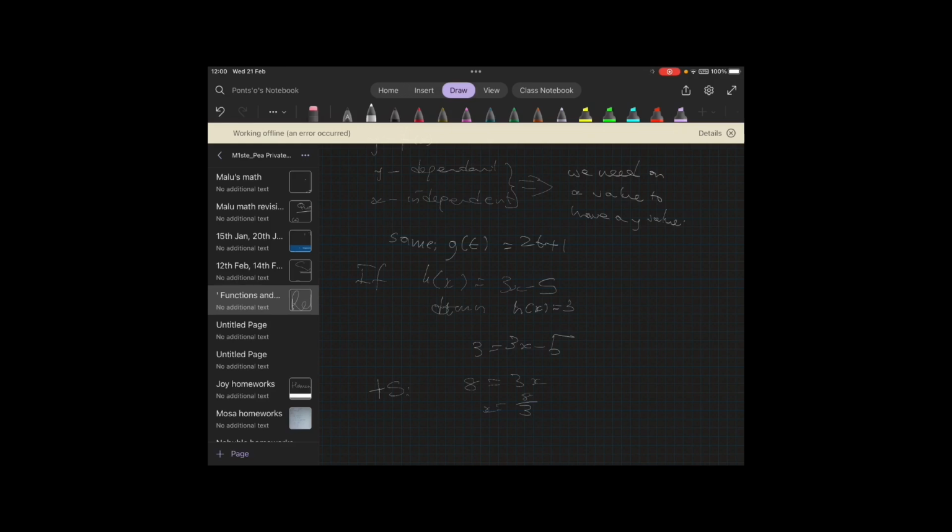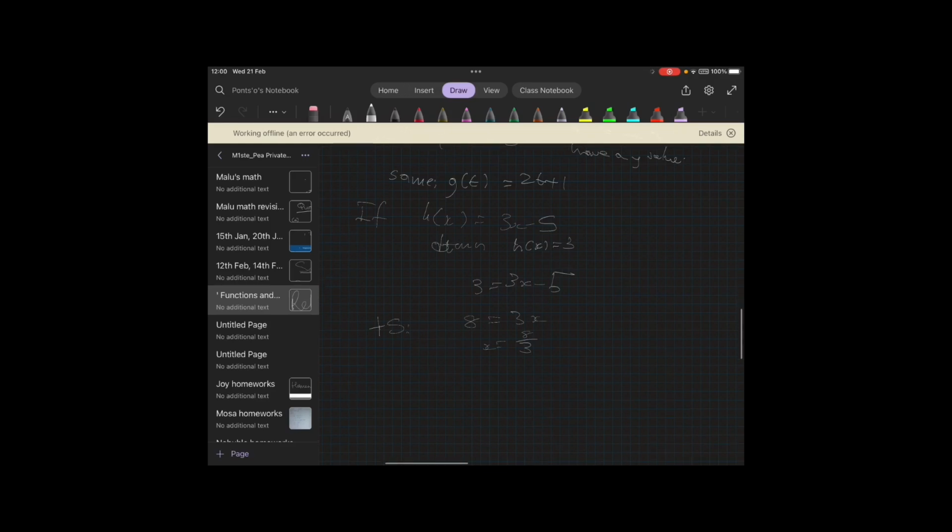And if h of x is 3x minus 5, and we need to determine the value of h of 3, then to determine the value of h of 3, we find the value of h where x is 3.